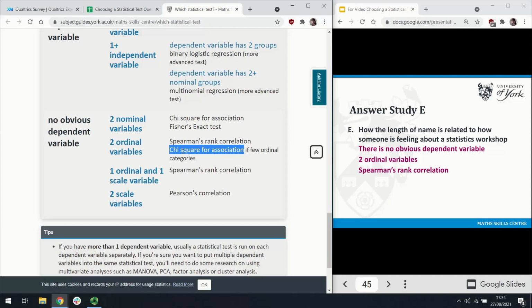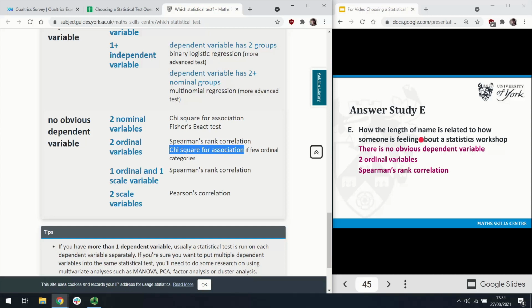The reason that you might use chi-squared test for association as an alternative is if, like we discussed before, you've got really few ordinal categories. So let's say that everyone that responded to us had really short names, so only 2 categories were filled up.